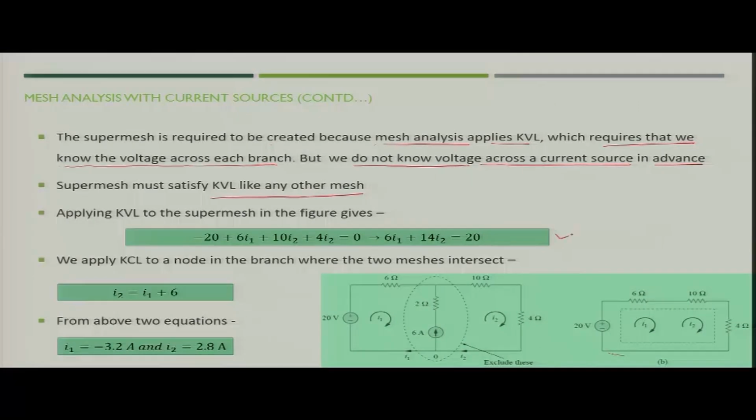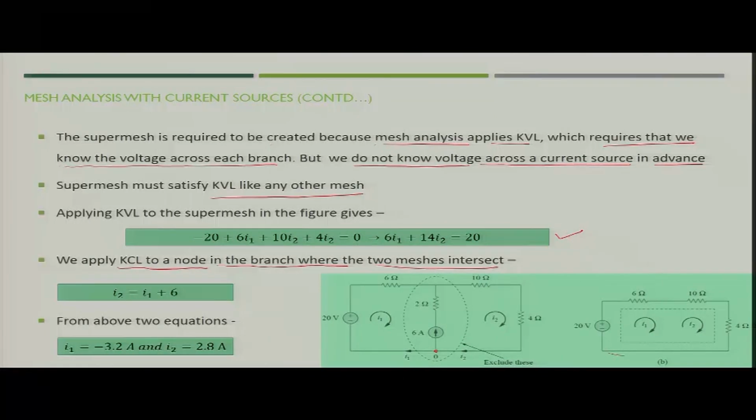Now, you have got one equation using the super mesh, but since we have two variables, we need more than one equation to solve it. How will we get the second equation? We will get it with the help of Kirchhoff's current law, which we will apply to a node where two meshes intersect. That means we will apply it at this particular point.